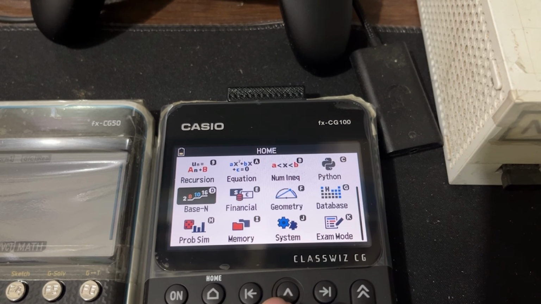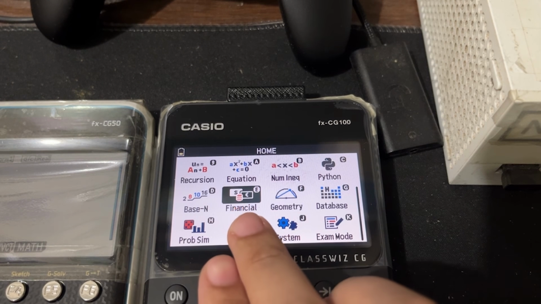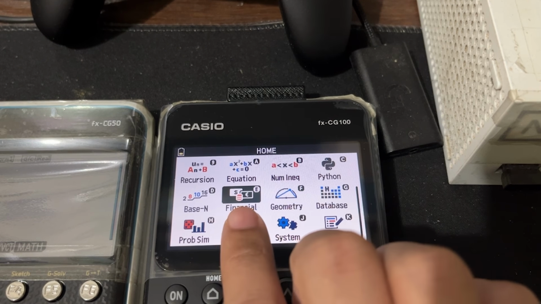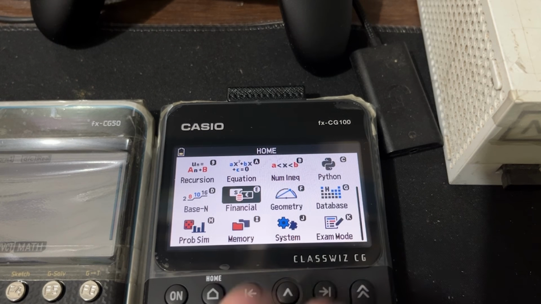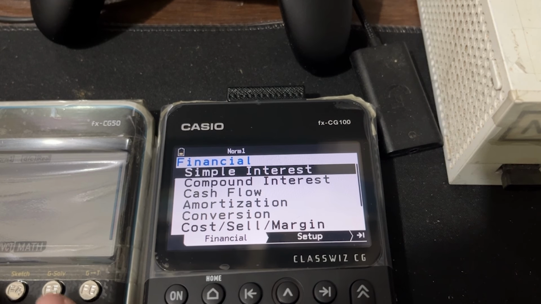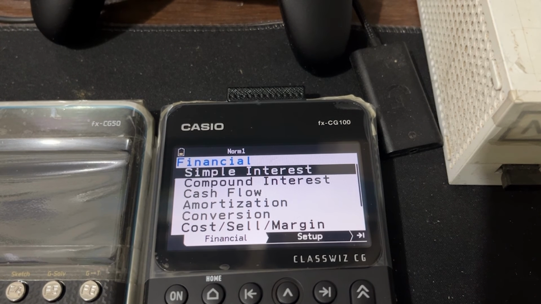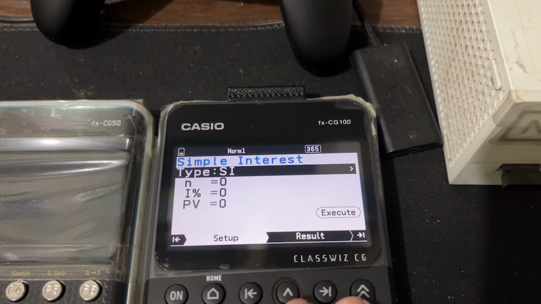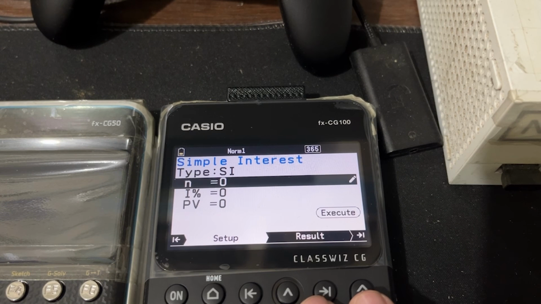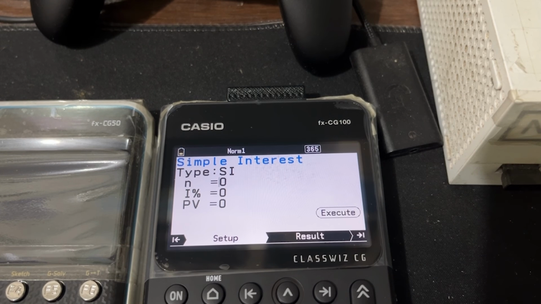So the base end translates computations into computer binaries. Financial is interested, the interest. So I believe this interest, for example, financials, it's an editor of this one. So simple interest, for example, and it's numbers. Click here.